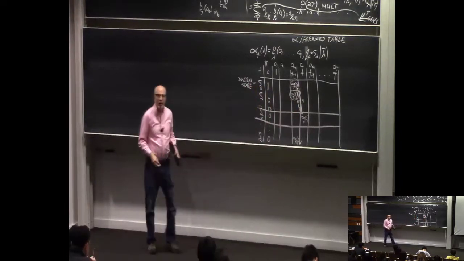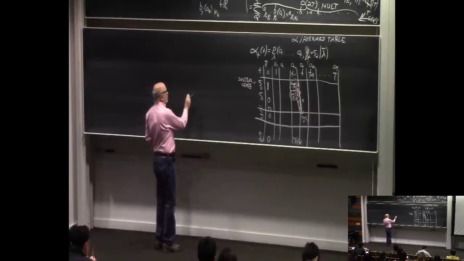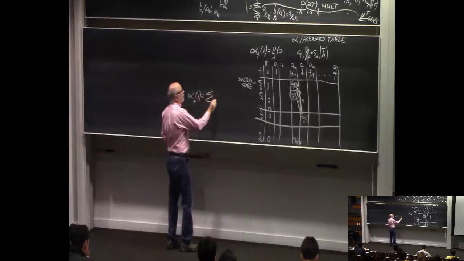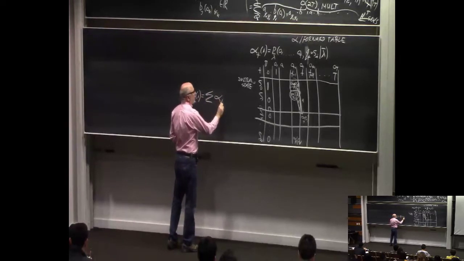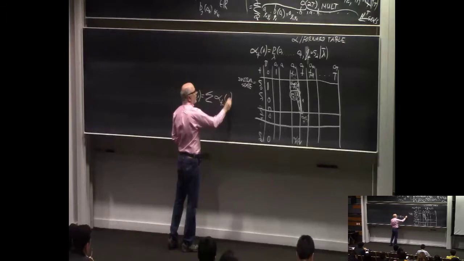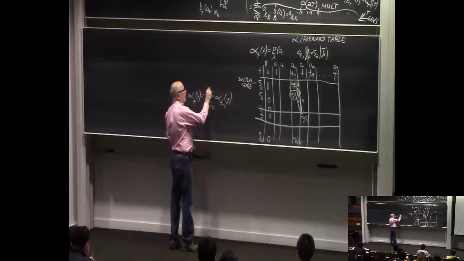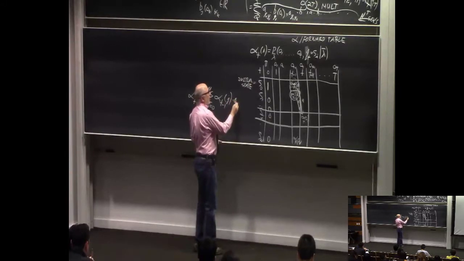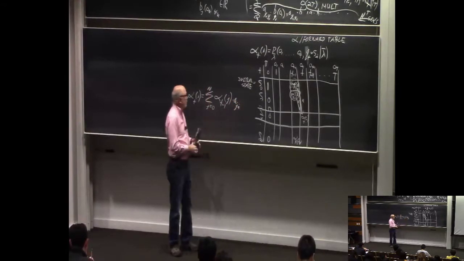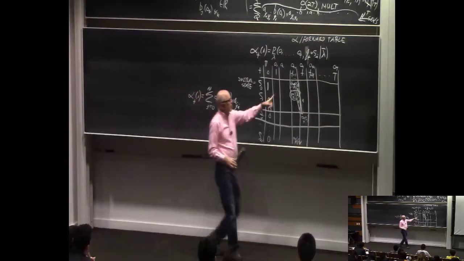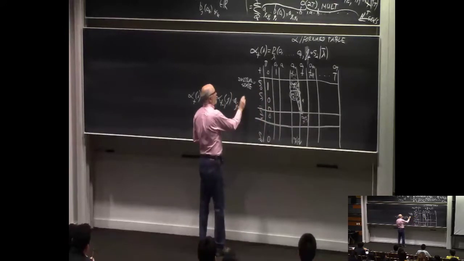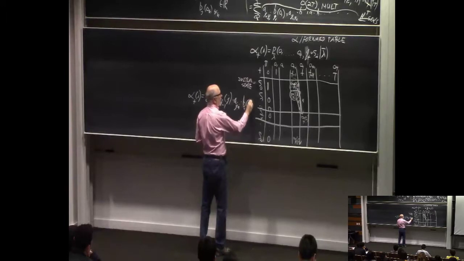So from this I can derive my recursive formula that alpha sub t of state I can be calculated as a sum over alpha sub t minus 1 of any state j, when j goes from 0 to n, times transitioning from state j to state I, where j is the state that I'm indexing over, times being in state I and emitting symbol O sub t.